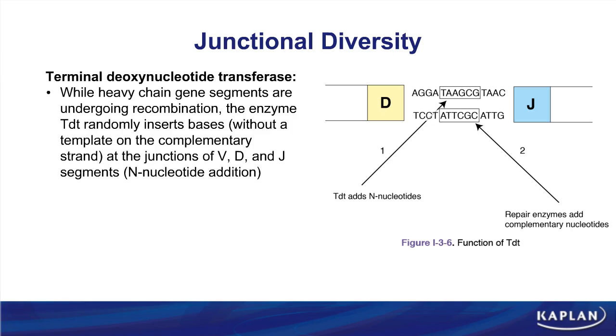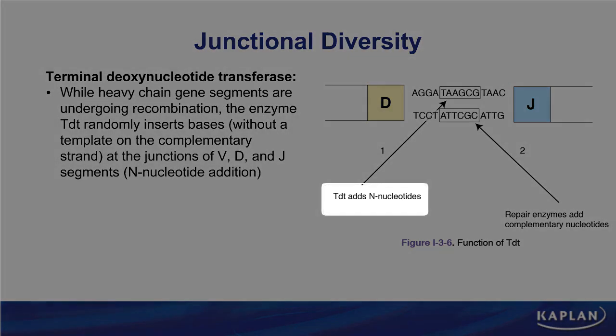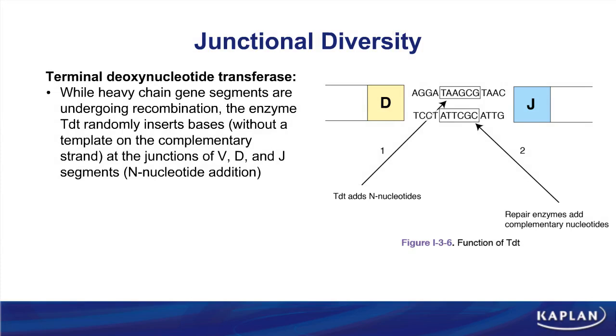This is accomplished by an enzyme called terminal deoxynucleotidyl transferase, or TdT. And TdT is not this type of enzyme that we're used to seeing, like DNA polymerase, that reads a strand and puts complementary nucleotides in, and has extensive proofreading activity. TdT is the rebel, and it completely and randomly inserts bases between the DJ and then the VDJ junctions of the heavy chain variable region.